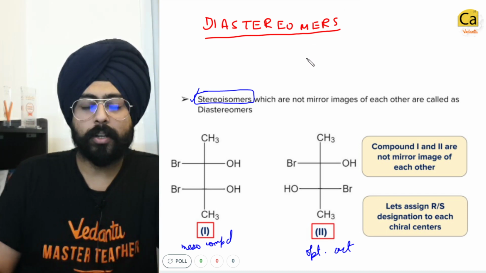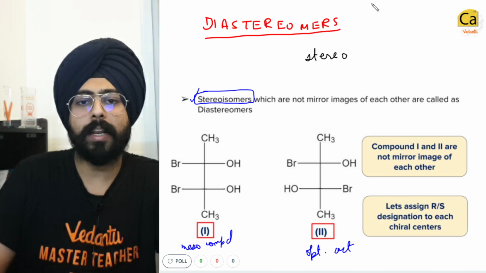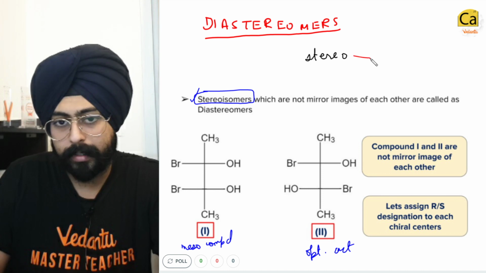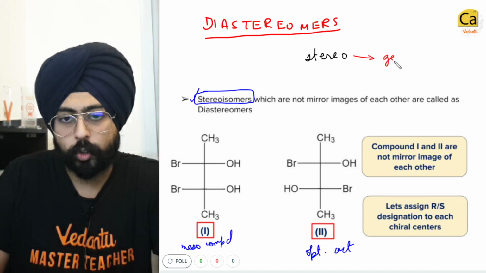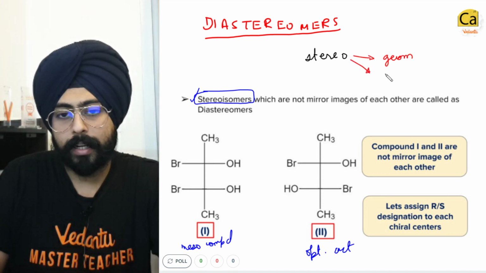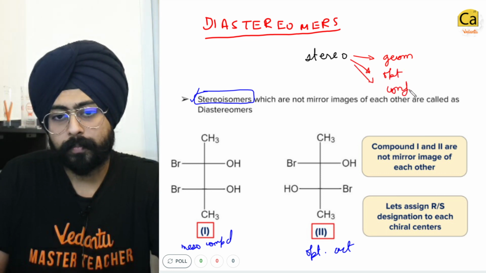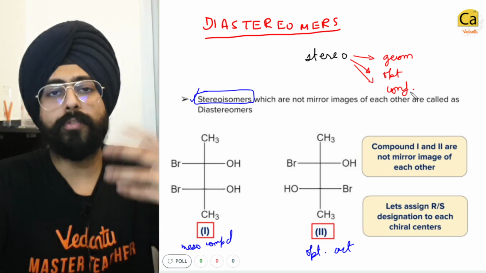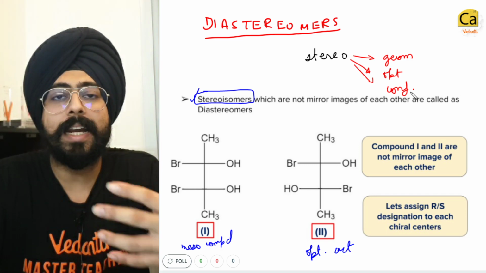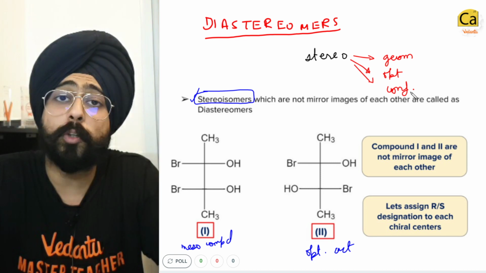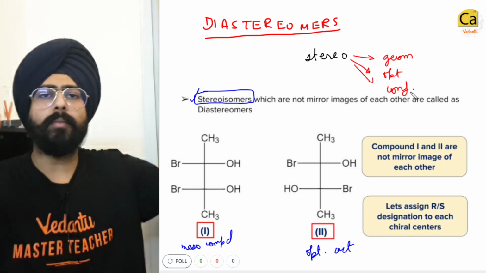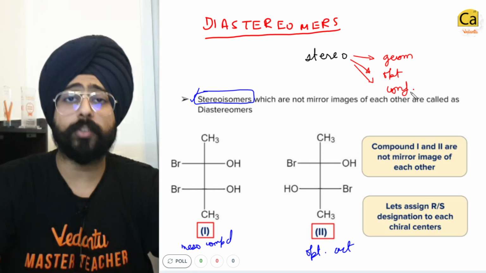Do you remember what stereoisomerism is? I am sure you've studied it in 11th class. Stereoisomerism has three categories. One is geometrical isomerism, one is optical isomerism, and the last one is conformers. Stereoisomers differ from each other in terms of the orientation of their groups in space. Position isomers are something where positions are different, structural isomers.